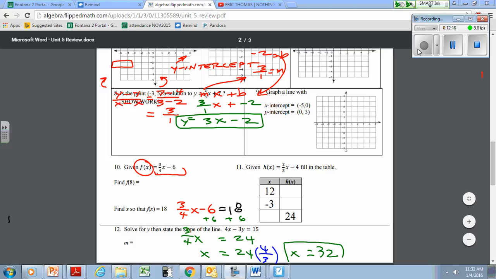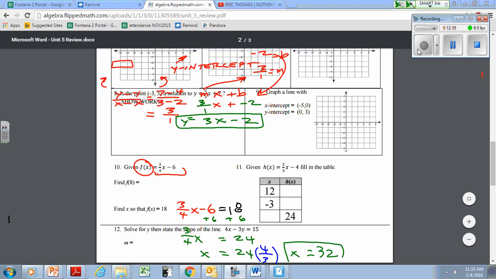What must x have been? Like, we don't know what x is. What must it have been so that when I do all the work, it would have spit out an 18? The answer is this. To get an 18, we had to put a 32 in the place of x, so that when we worked it out, it spit out an 18. That's what this question asked. Hey, what was x, so that we would actually get that answer.